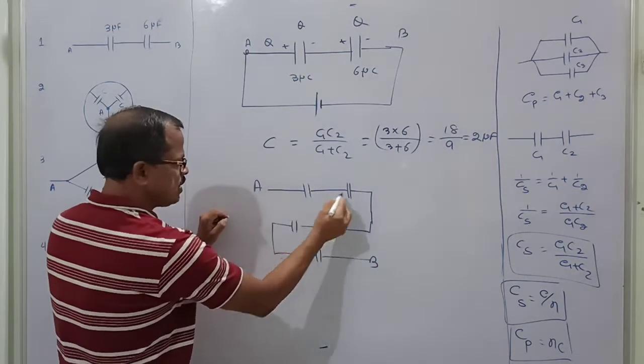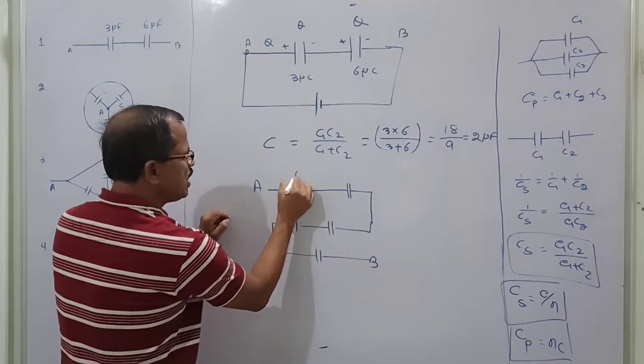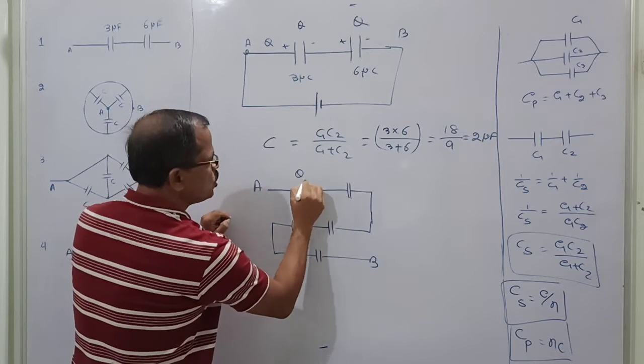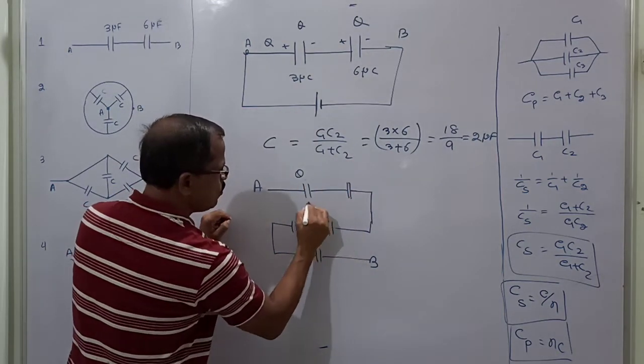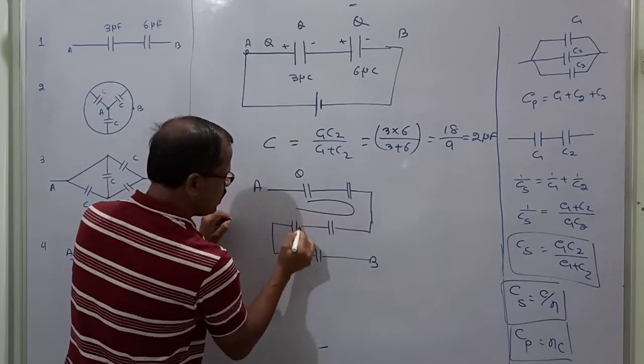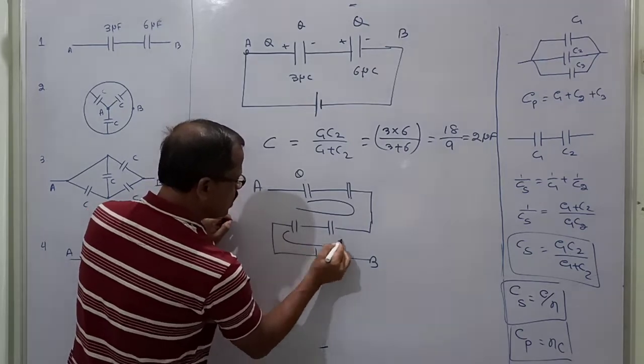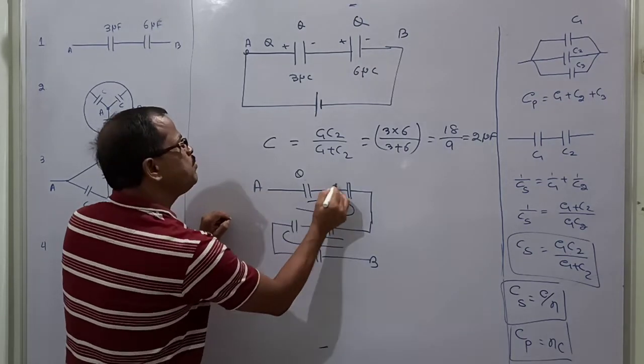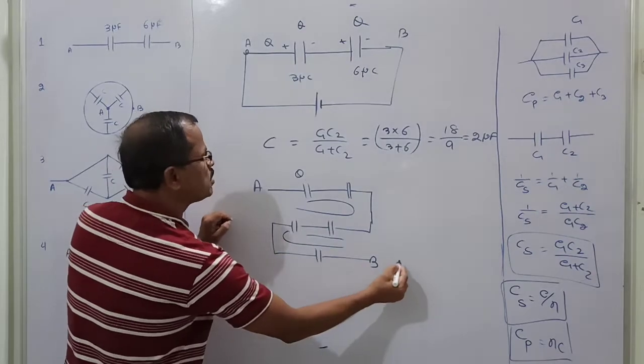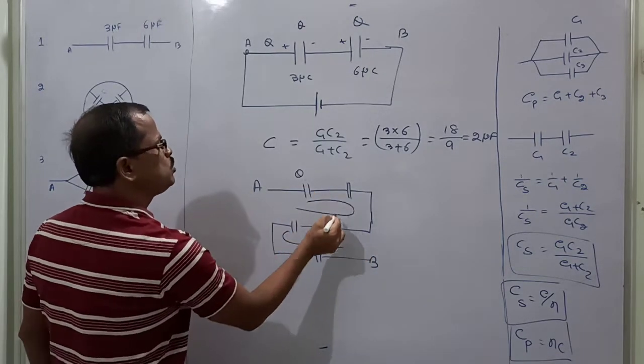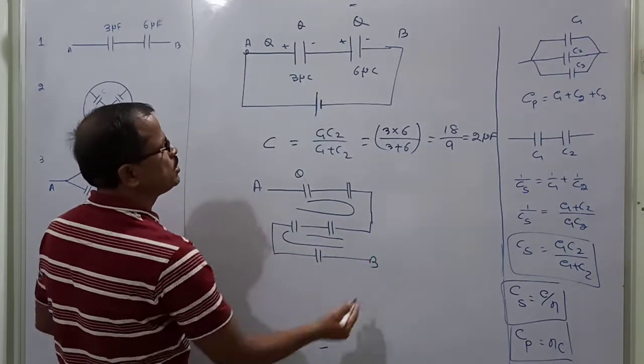Though they seem to be parallel, the same charge Q will flow to this, again to this, and it will flow this way, and then again this way. Since the same charge flows through all the capacitors, C1, C2, C3, C4 are all in series connection.